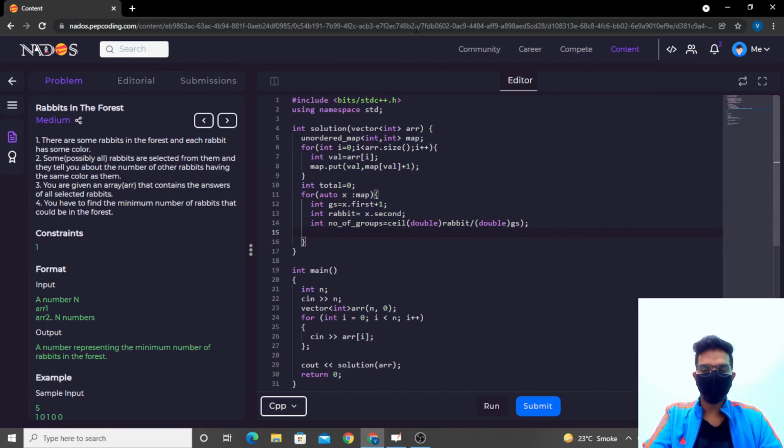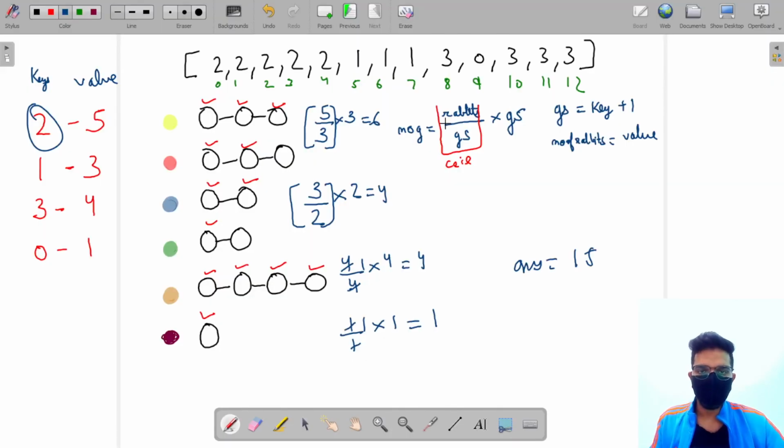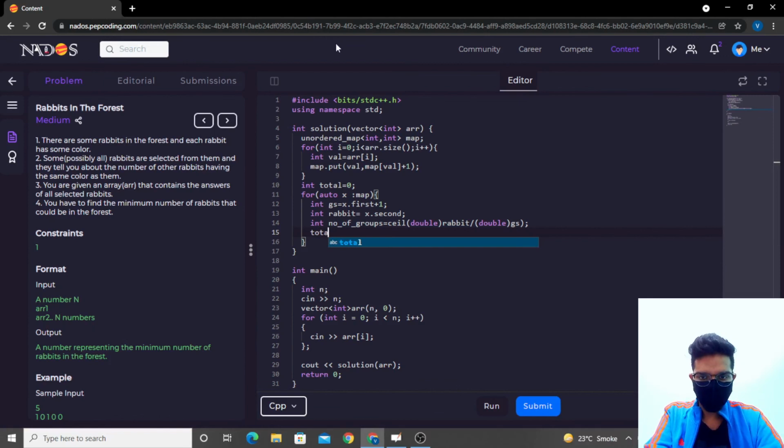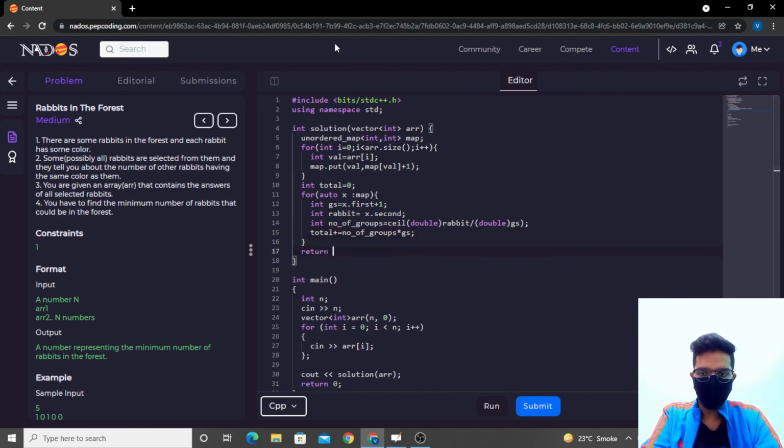It is going to give me the number of groups, right? Now I got to simply multiply it with my group size and store it in my total. So total plus equal to number of groups into group size. Simply I get out of it and I return my total.